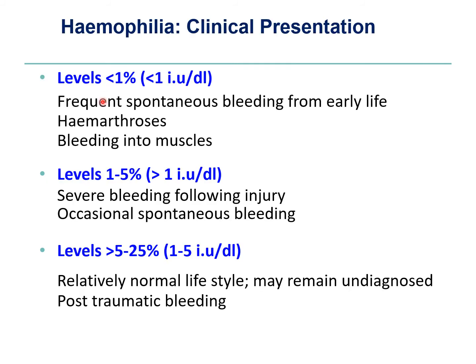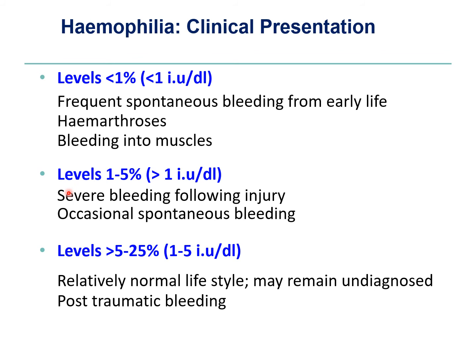The clinical presentation of hemophilia A and the associated complications are related to the magnitude of deficiency of factor 8. If the levels are below 1% of the normal levels, there is a risk of frequent spontaneous bleeding from early life, hemarthrosis, that is bleeding into the joints, and bleeding into the muscles.